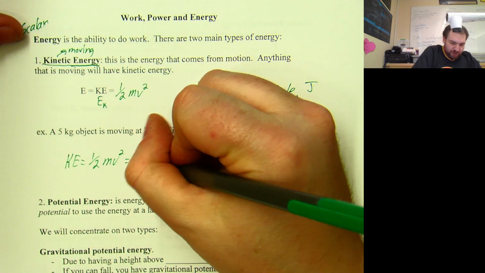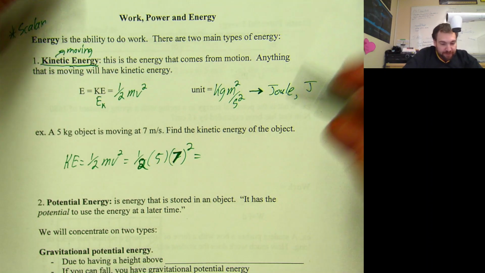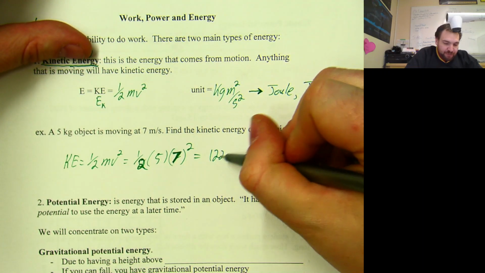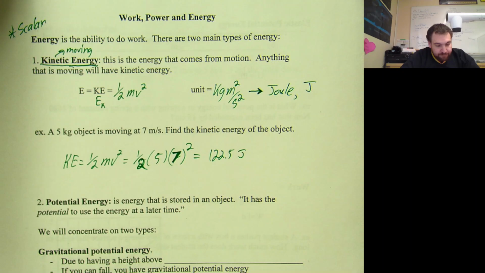That should be 1 over 2, not 1 over 5. Half of 245 is going to be 122.5 joules. Relatively straightforward, yes? Okay.